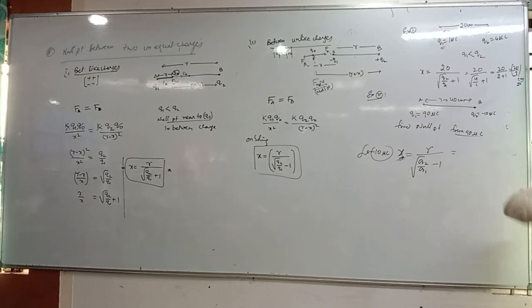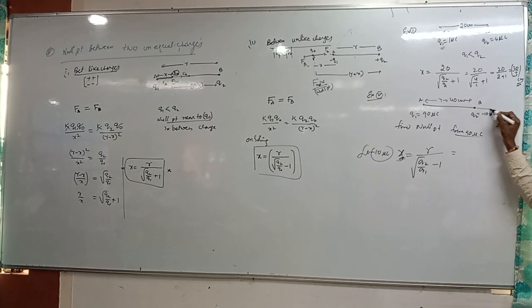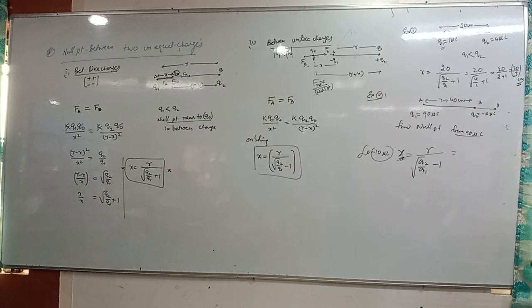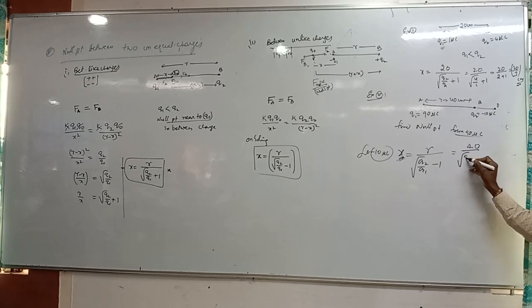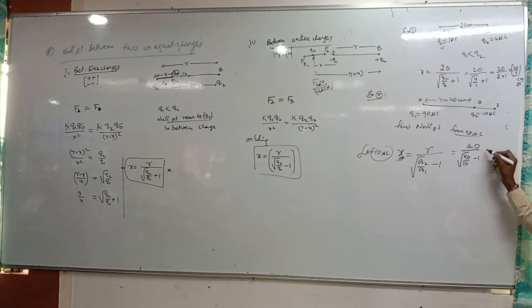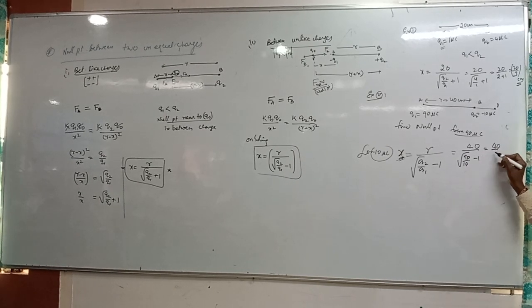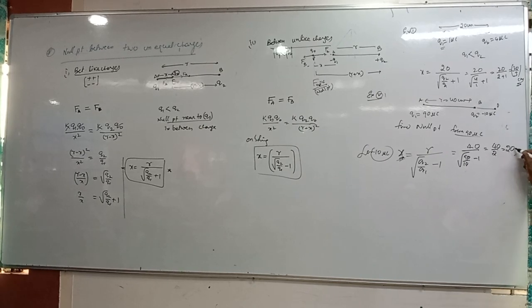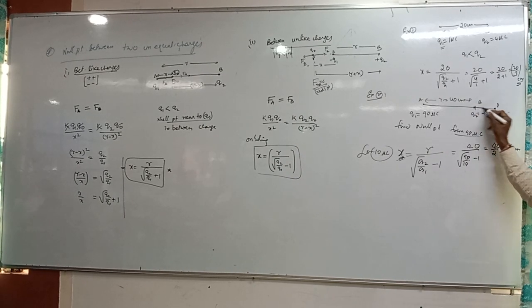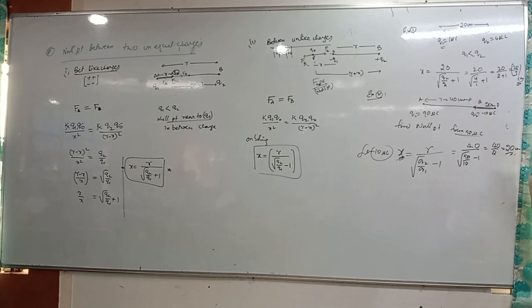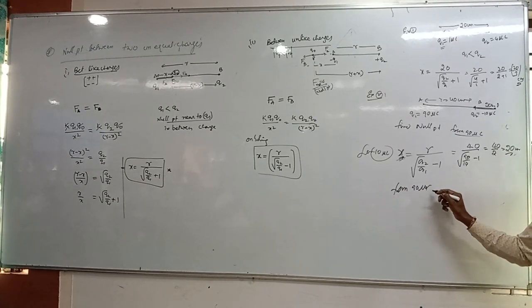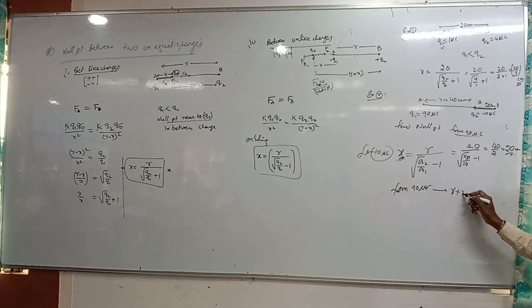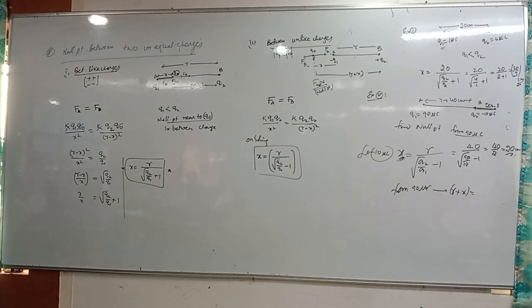Later you find out r plus x. Is this outside or inside? Outside. Definitely the null point will be on this side. Now what is the value here? 40 divided by under root of 90 by 10 minus 1. It will be 3 minus 1, 40 by 2, that is 20 centimeters from Q2. From the 90 microcoulomb, we have to write r plus x.